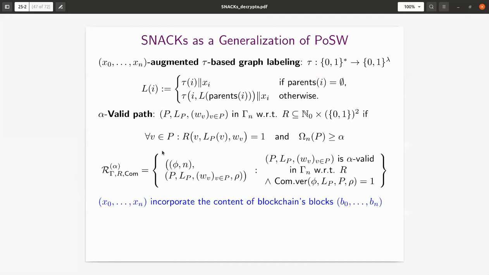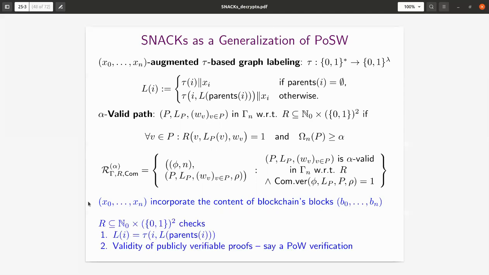So the block will be essentially the X_i plus some extra information from the proof of sequential work. You could think of it as the SNACK extending the proof of sequential work, or that's a different way of looking at it, but this is the easiest way of looking at it. It's just augmented labeling of a proof of sequential work scheme.